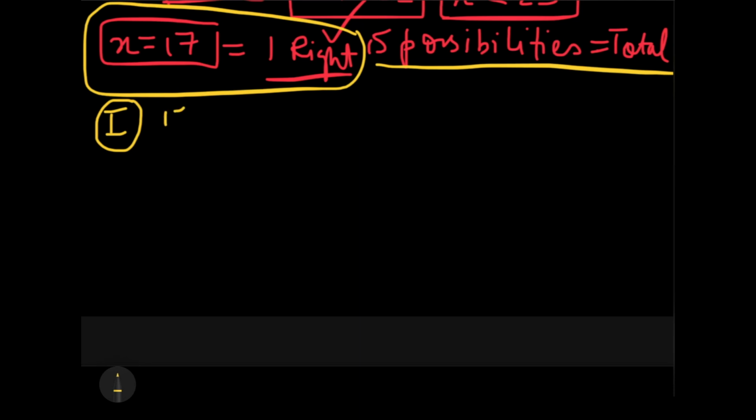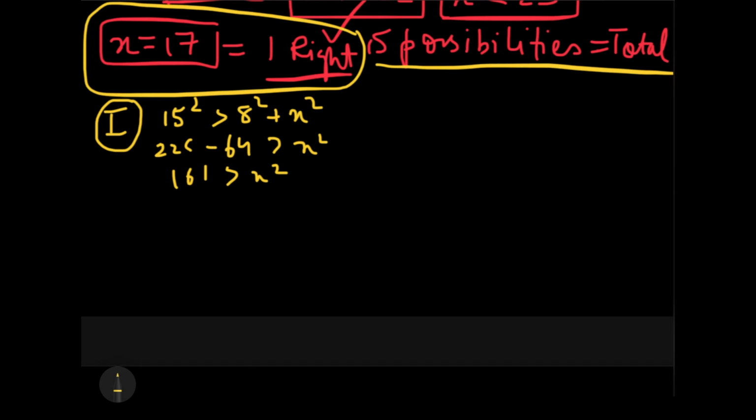So the first case is 15 square, which is greater than 8 square plus x square. If I simplify this, 15 square is 225, and if I shift this to the other side, minus 64 is greater than x square, and this gives me somewhere around 161 greater than x square.